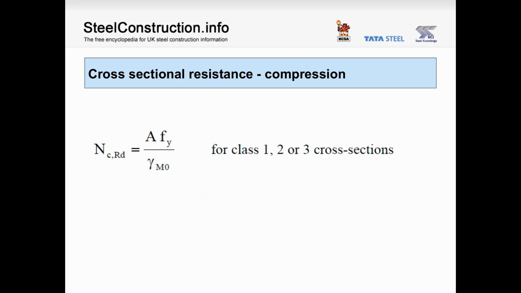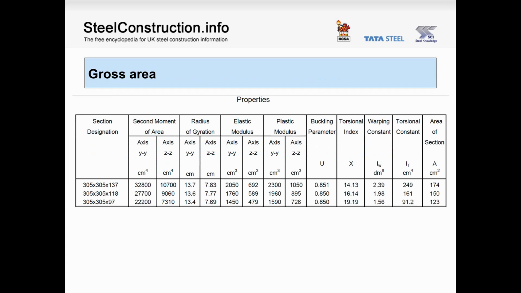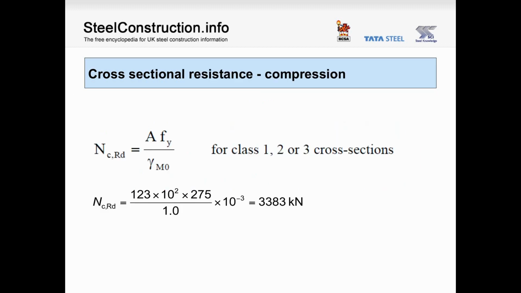So, to continue our example, the cross-sectional resistance in compression is the area multiplied by the strength divided by gamma m0. We would choose the area from section property tables, and then we can calculate the resistance as area multiplied by yield divided by gamma m0, which in this case is 3,383 kilonewtons.